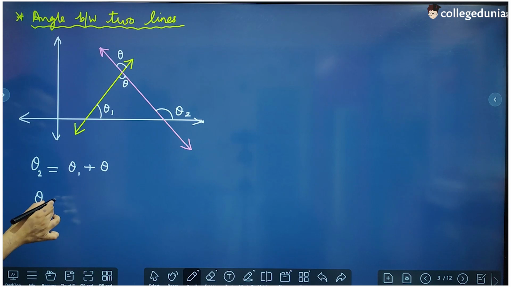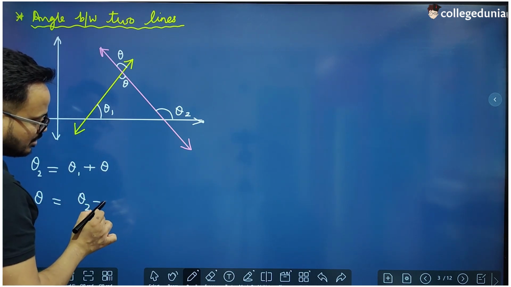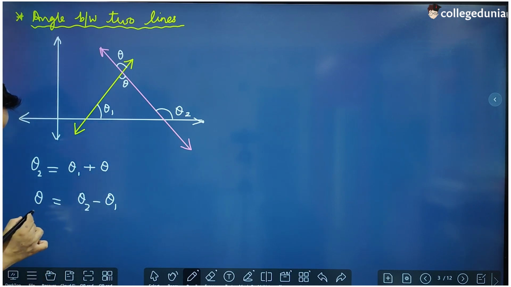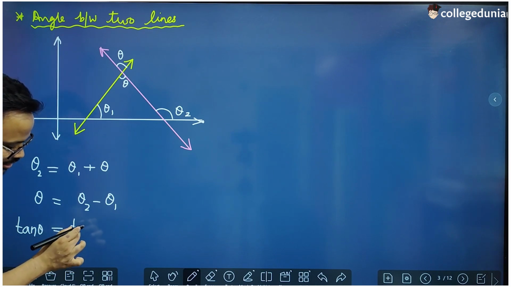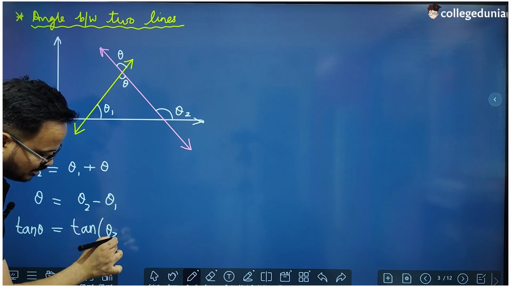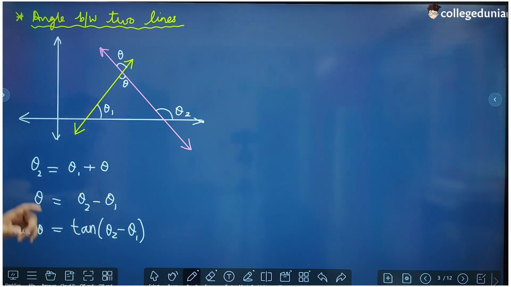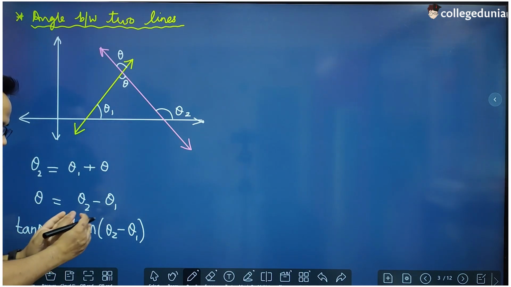So theta can be theta 2 minus theta 1, or we can take tan on both sides, tan theta is this. Okay, so what is the formula for tan A minus B?